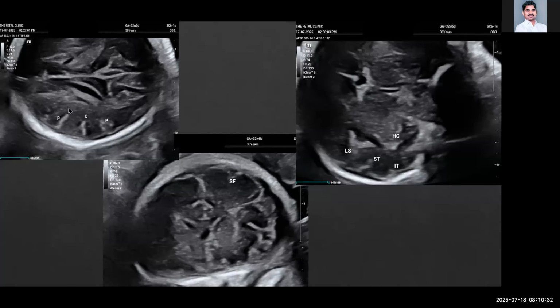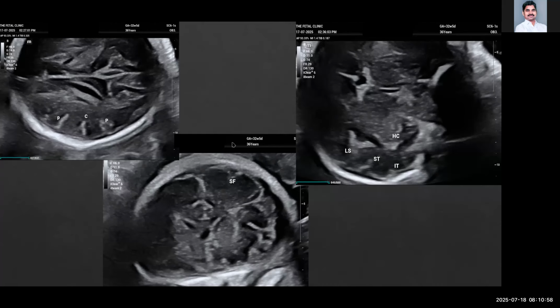This is the precentral. Postcentral is towards the occipital side. They are located on the convexity side of the cerebral hemisphere. And this is the superior temporal sulcus. This is the lateral sulcus and the inferior temporal sulcus. This is the coronal plane showing the superior frontal sulcus.